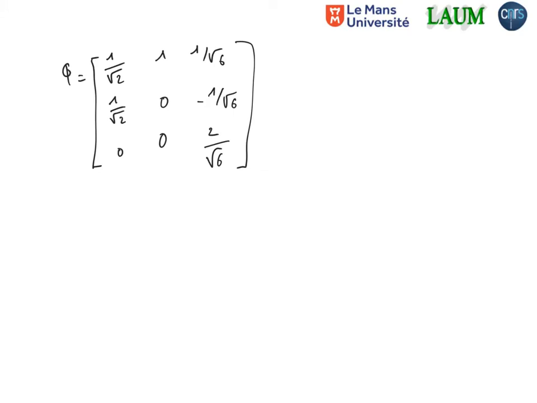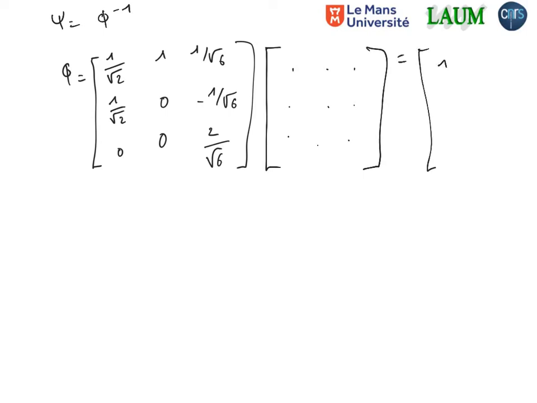So we now want to compute the inverse psi of matrix phi. So psi equal to phi minus 1, which means that when I multiply phi by psi, I obtain the identity. So if we look at the first column of psi, if we rewrite psi like this, this is a 3 by 3 matrix, I don't know the coefficients, but when I multiply phi by psi, I obtain the identity.